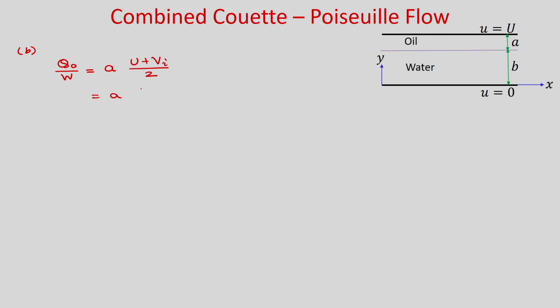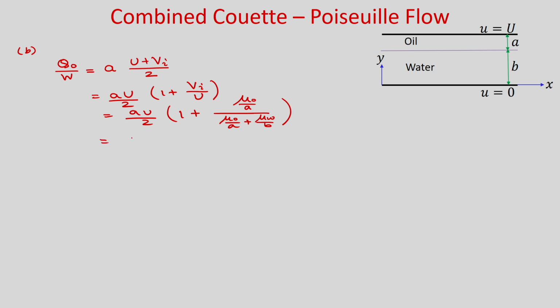So, if you put it here, you will get A U by 2 into (1 plus V I by U). So, you will get A U by 2 into (1 plus mu O by A divided by (mu O by A plus mu W by B)).